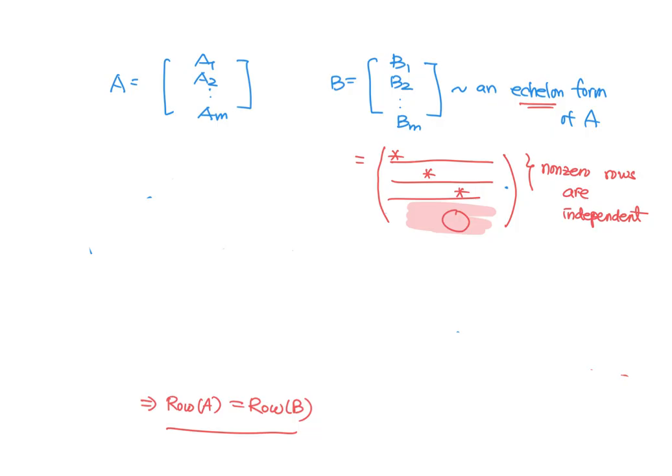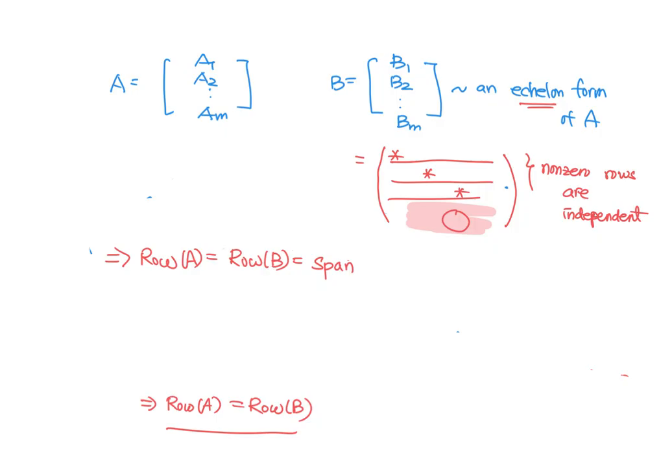So if B is obtained from A, then as I wrote at the bottom, the row space of A will be the row space of B. That's what I claimed moments ago. And that will be the same as, by definition, the span of the rows in the B matrix.